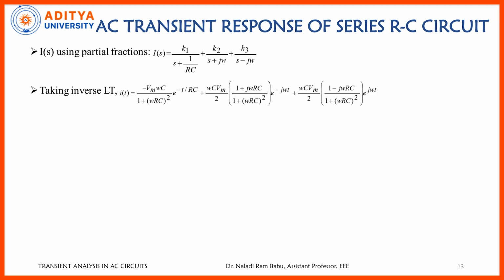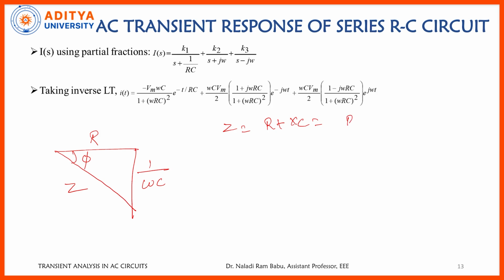So here it is an RC circuit. It will be R, it will be C. That means 1 by omega C will be this side, this is the phase angle phi, and this is the impedance Z. Z is equal to the square root of R square plus XC square, that is, R square plus 1 by omega C whole square.